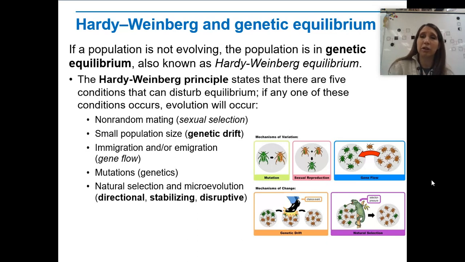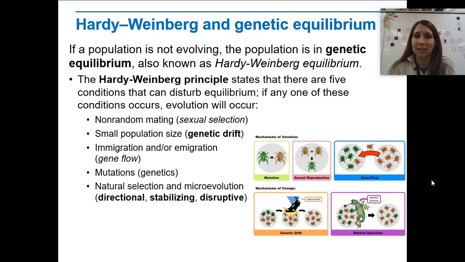If none of them are occurring, then we would say the population is remaining stagnant. It's exactly the same. It's not changing. So when a population is not evolving, there's a term that scientists have come up with, which is to say that the population is in a Hardy-Weinberg equilibrium. Hardy and Weinberg were the two biologists who created this theory.